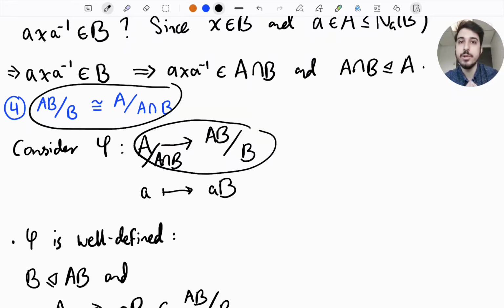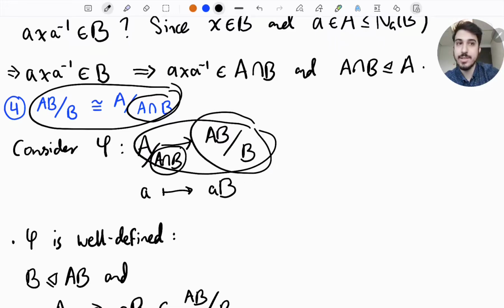If you want to prove two groups are isomorphic, think about the quotient here and think, is it the kernel of some homomorphism that I can construct? If yes, then go ahead and construct this homomorphism, prove that it's well defined, prove that it's a homomorphism, see that the kernel is equal to A intersect B, see that it's surjective, meaning the image is equal to AB/B, and then use the first isomorphism theorem.